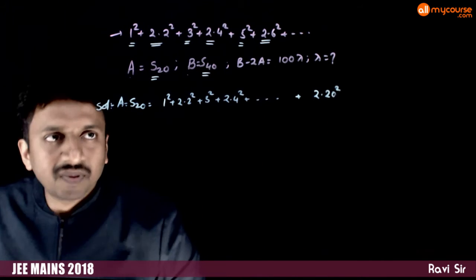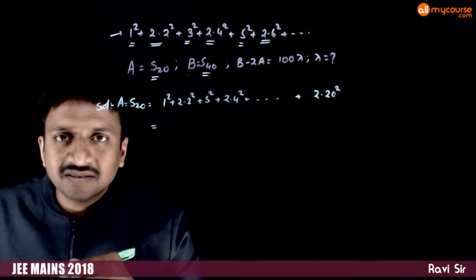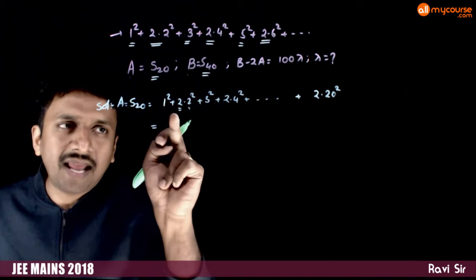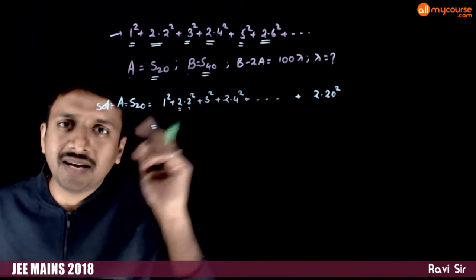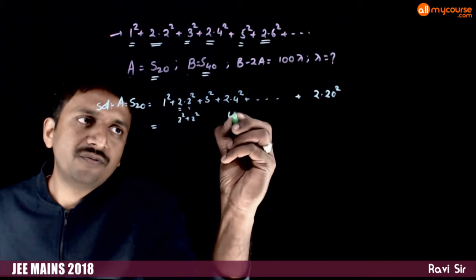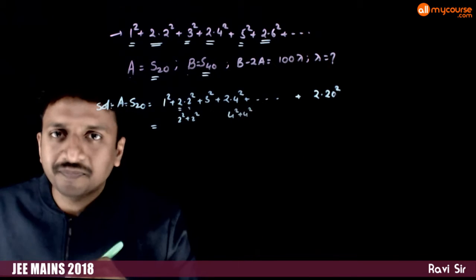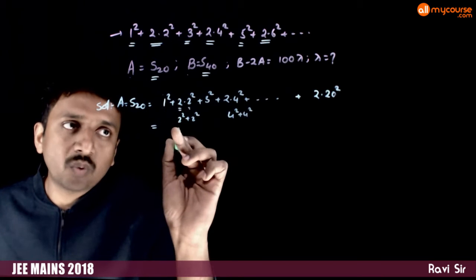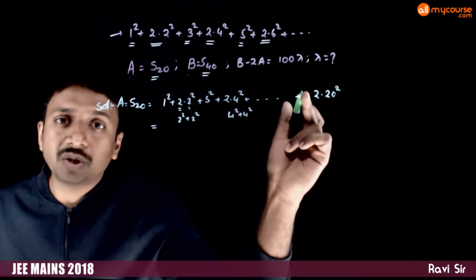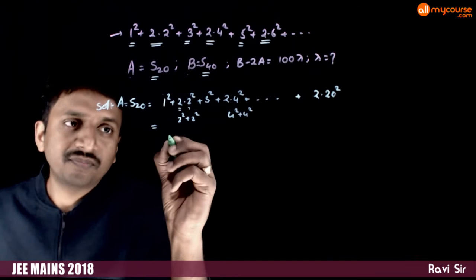Out of 2 times 2 square, I'll add 2 square first and then the next 2 square. So this can be written as 1 square plus 2 square, plus 3 square plus 4 square, plus 5 square plus so on up to 1 times 20 square.